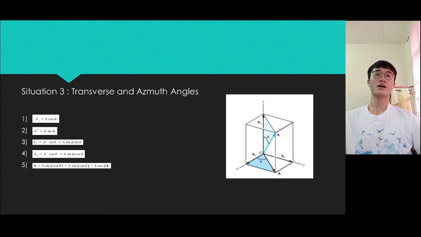After getting A prime, we can get Ax by A prime cos theta, and Ay we can find by A prime sin of the theta angle. Here are some simplified formulas that are summarized for you guys.